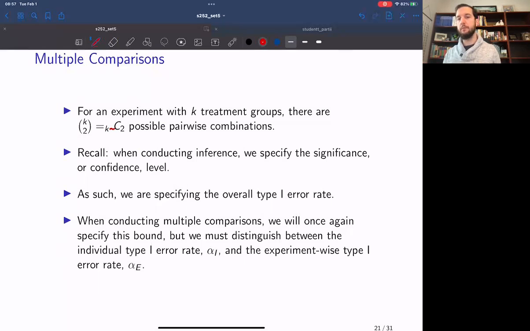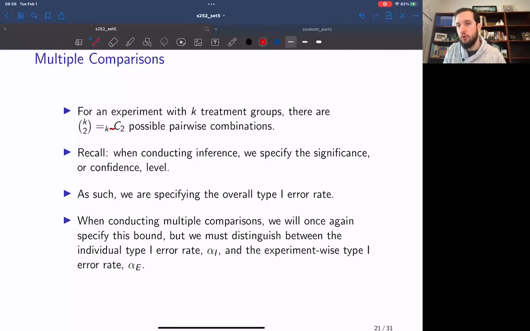Alpha is the probability of type 1 error by definition. So essentially what we are doing when we build a hypothesis test is we are declaring our accepted amount of type 1 error. When we run a multiple comparison, the probability of a type 1 error will compound very quickly. So it'll get very large very fast.